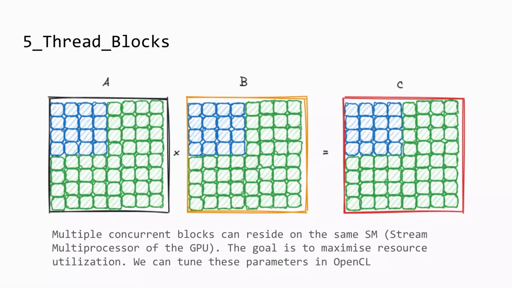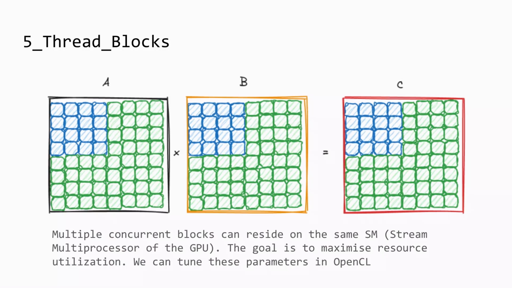Selecting the size of this block has an impact on occupancy, what is called GPU occupancy. What we want to maximize is the resource utilization and improve occupancy. There are many things in here, so I'm oversimplifying, but keep in mind that better occupancy doesn't always translate to higher performance. Usually yes, but it depends on the algorithm, it depends on the data accesses and so on.